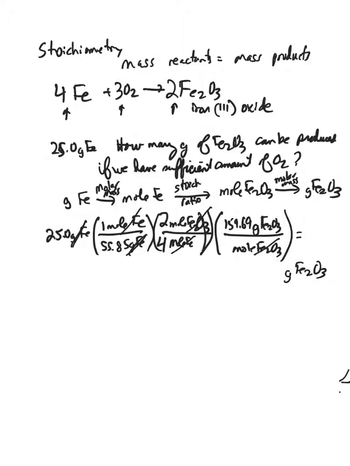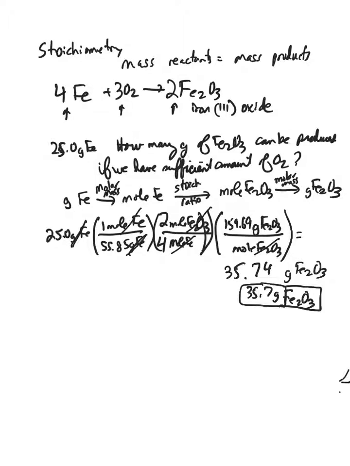So 25 divided by 55.85 times 2 divided by 4 times 159.69 would give me 35.74 grams of Fe2O3, or 35.7 grams when I get my significant figures right. So that's how we calculate theoretical yield.